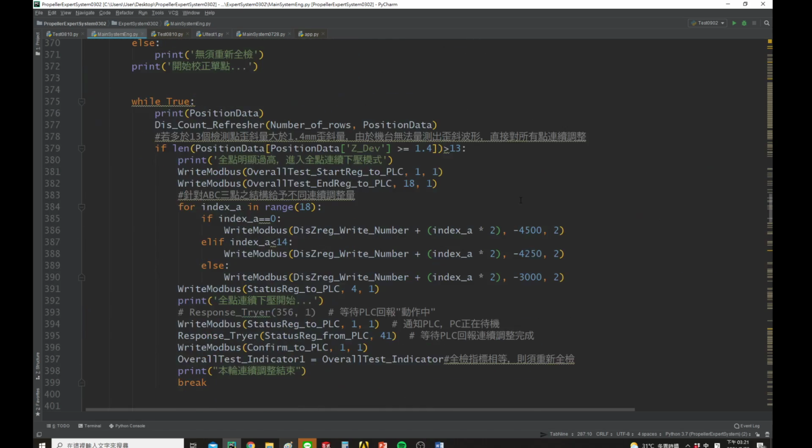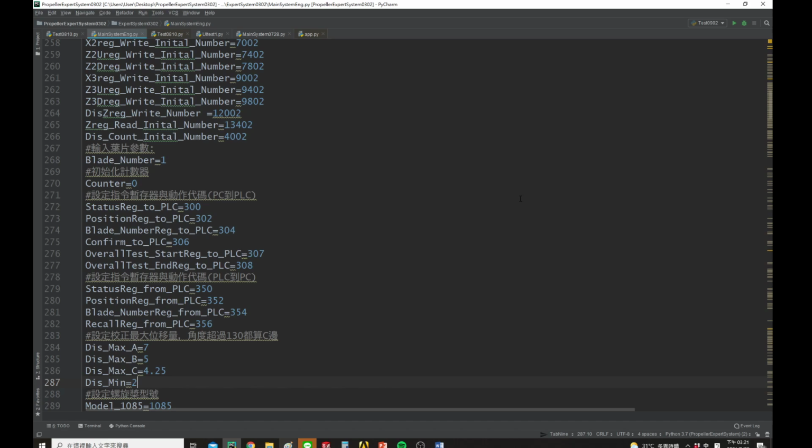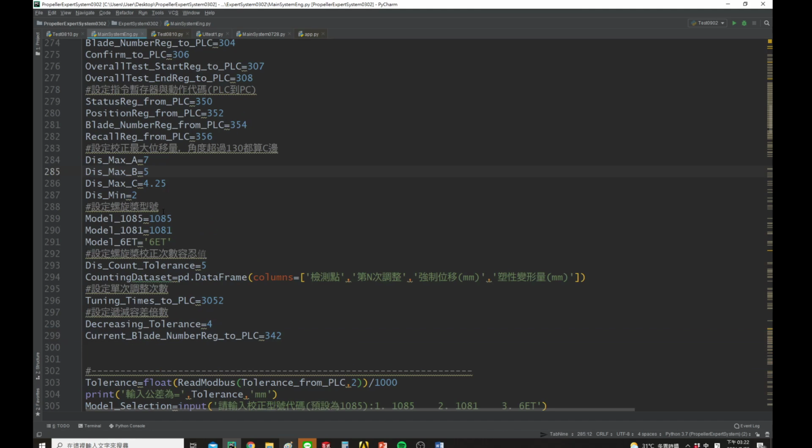The only two things that can make the machine crash are, first, the maximum displacement value. If we set the maximum value to 7, the displacement won't get higher than 7, and it won't be dangerous during the tuning process.